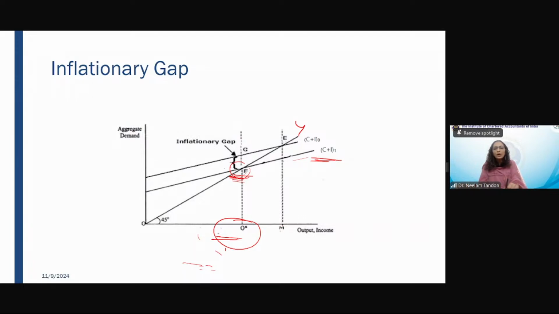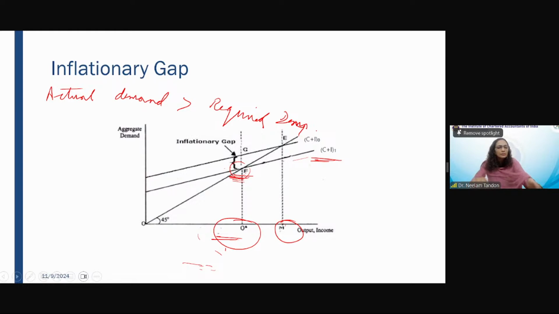But where is the economy actually performing? At OM. Why is the economy performing at OM? Because there is excess demand. So actual demand is greater than required demand. I'll write it there.